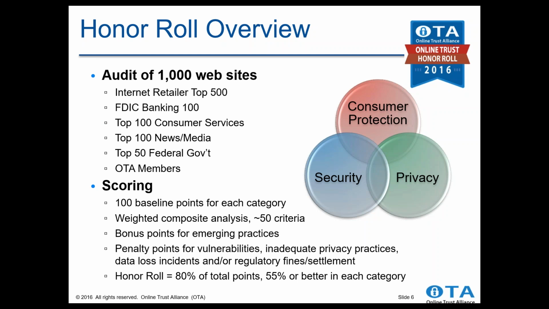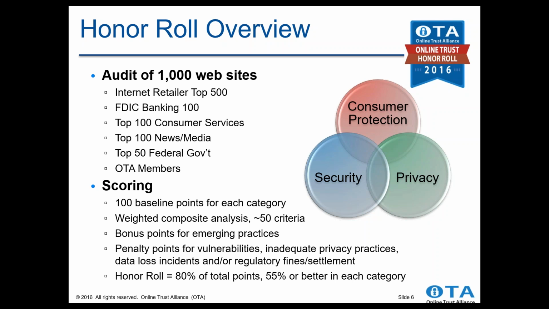So the overall concept of the honor roll is to focus on 3 major areas: consumer protection, security, and privacy. And this year, we looked at approximately 1,000 consumer-facing websites, the top 500 e-commerce sites, the top 100 banks, top 100 consumer services segment.